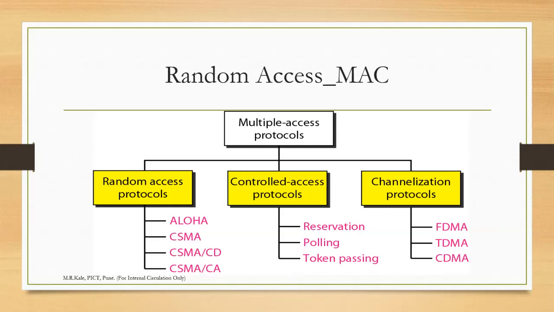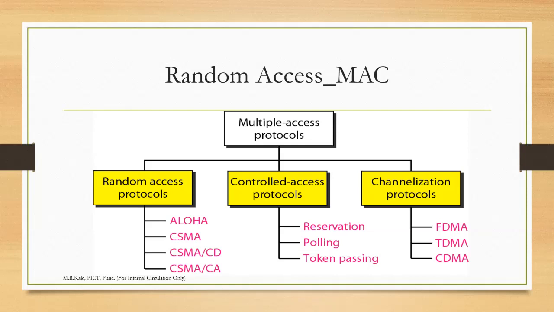In some cases, there are techniques like token passing, where whichever station has the token has control over the channel. Here onwards, we are going to discuss random access protocols.